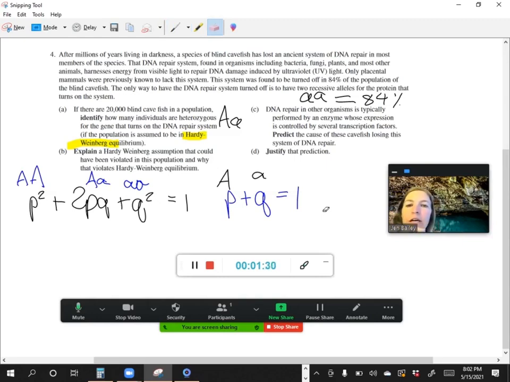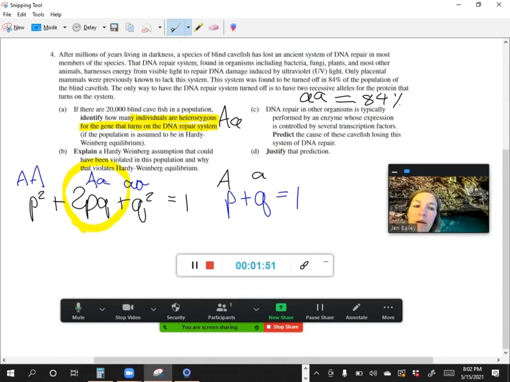Now let's go back to the question and make sure we know what they are asking. How many individuals are heterozygous for the gene that turns on the DNA repair system? Can you find it? Right here. But what this is going to give us, guys, is a percentage.